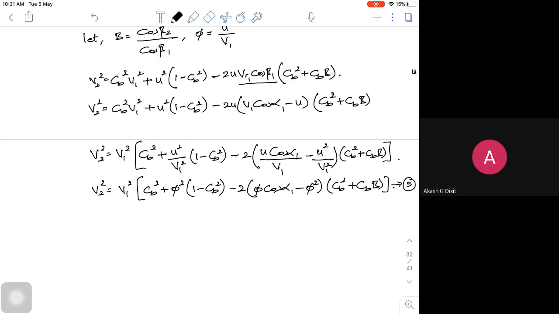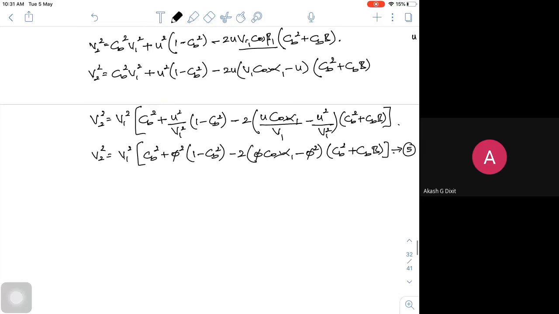Okay. Now, what is the generalized nozzle efficiency equation? So we have the nozzle efficiency given by, let me write it in general form.